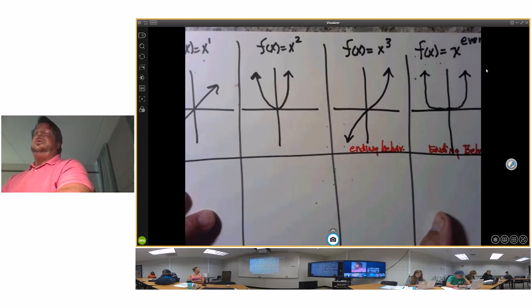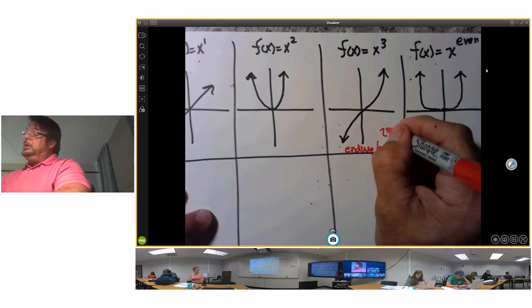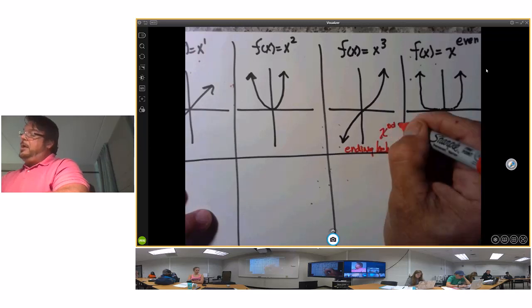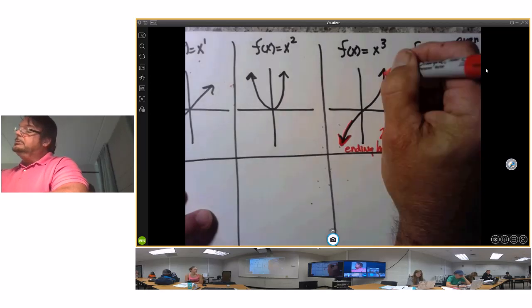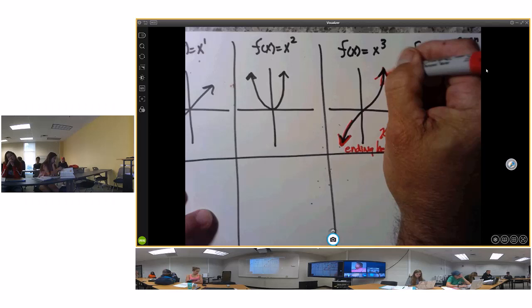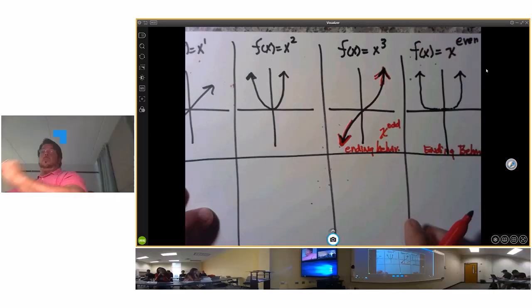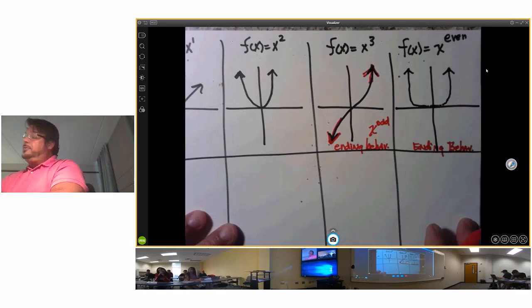When you have x to an odd power, the ending behavior is going to be two arrows going which way? Opposite directions, like that. When you have a function with an even exponent, what's the ending behavior? They go in the same direction.